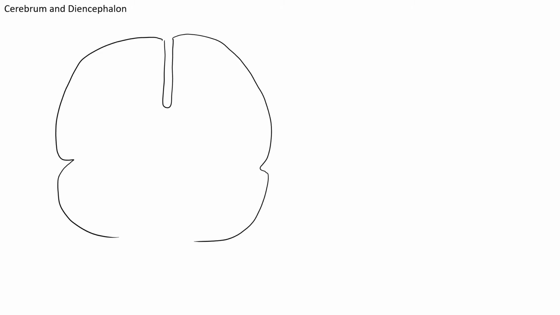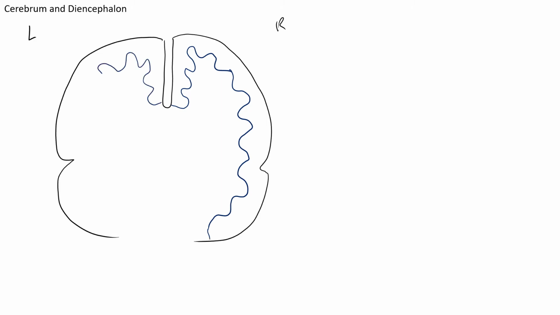Okay, so you have your left and your right cerebral hemispheres, and as we all know, your left side basically controls your right, and your right hemisphere basically controls your left side of the body. It's inverted.